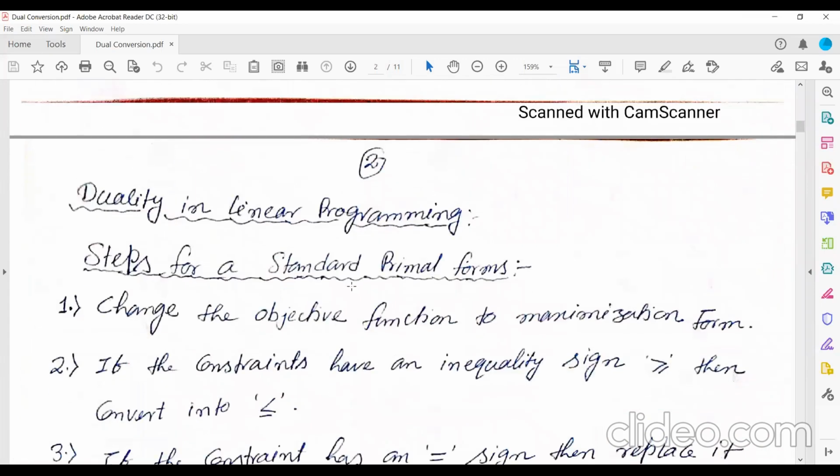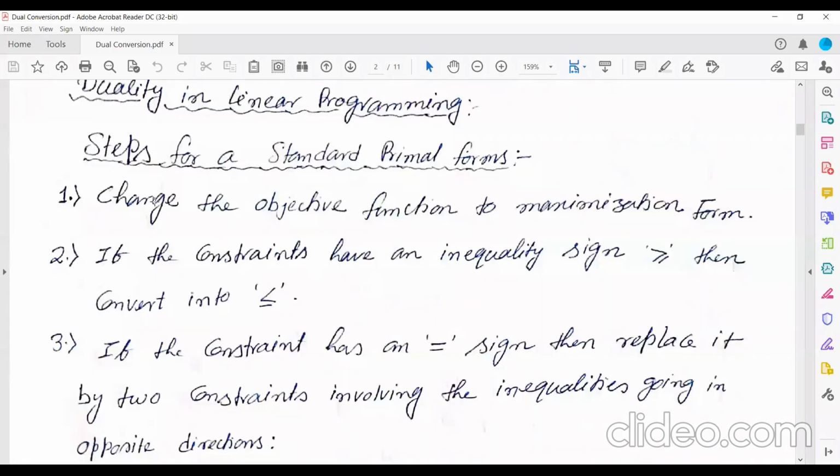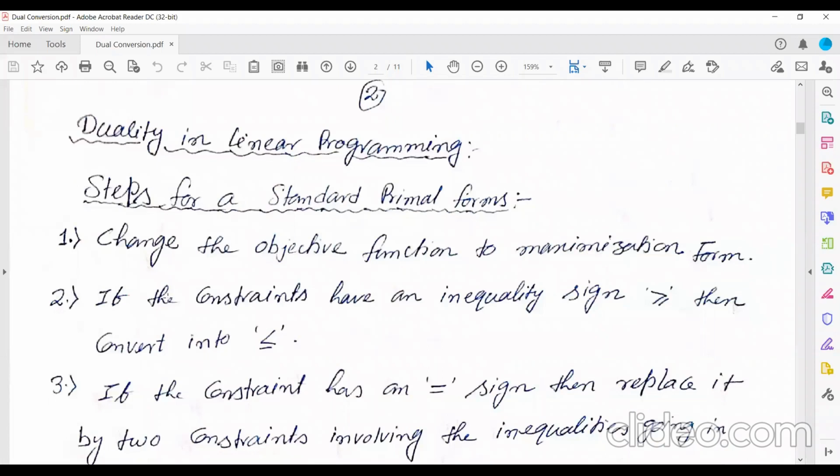Now, these are very important steps: how to convert a given linear programming problem into its dual linear programming problem. The solution will be similar to the simplex method, which I will discuss later. In the next class, tomorrow, I will discuss how to solve a dual linear programming problem using the simplex method.